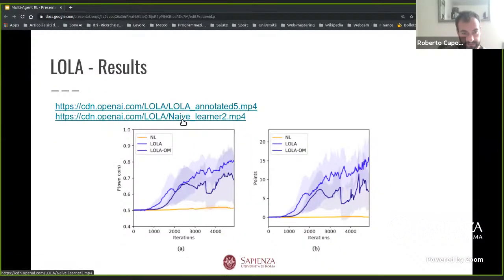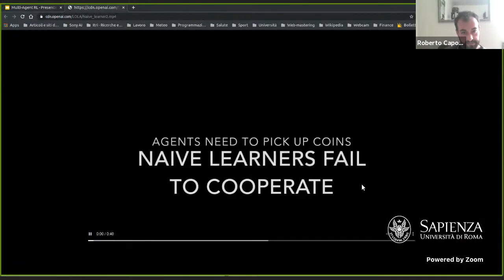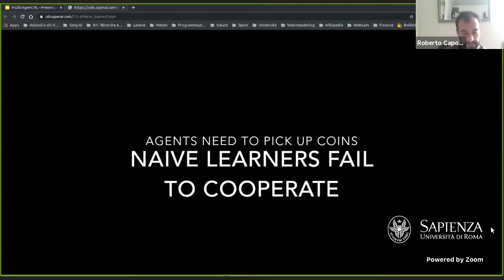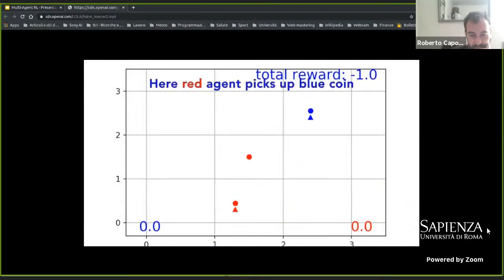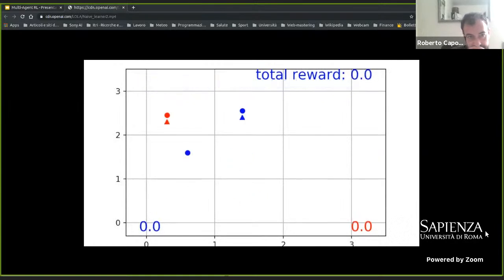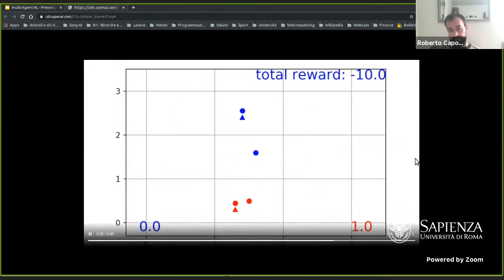Instead, this is the naive learner. But you can clearly see that it fails to cooperate differently from the LOLA one. So the reward goes down and down and down very quickly.